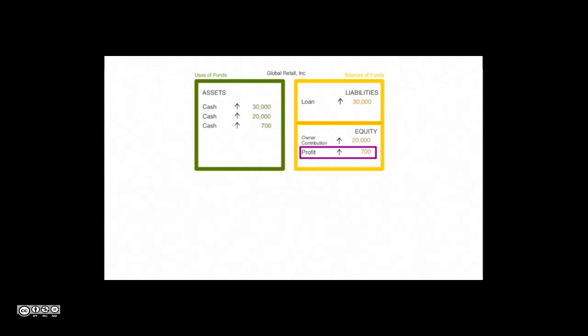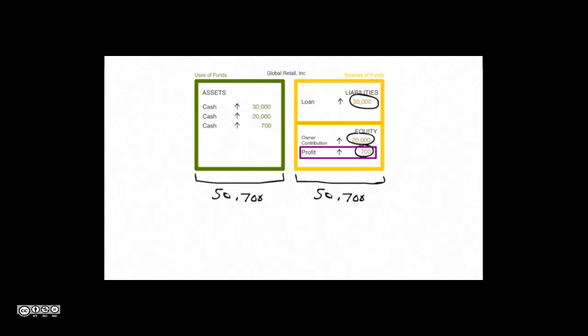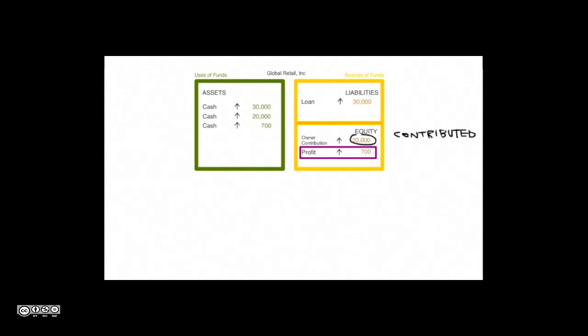Now the balance sheet is in balance with $50,700 worth of assets, $30,000 of liabilities, and $20,700 worth of equity. There are now two subtypes of equity. $20,000 is what we call contributed equity, and $700 is earned equity or profit.